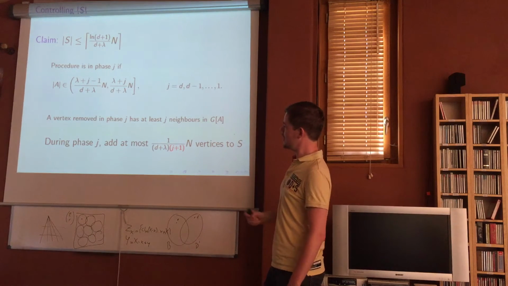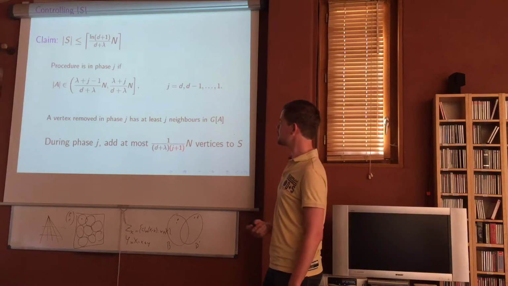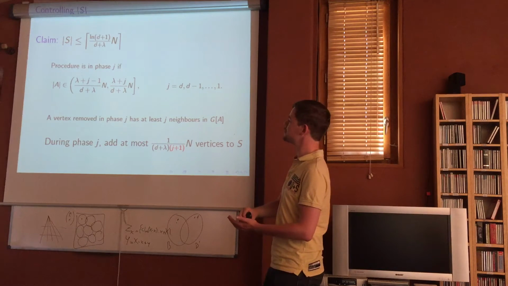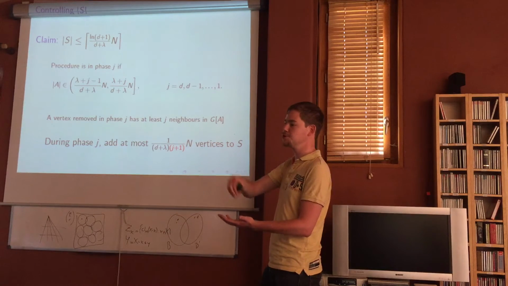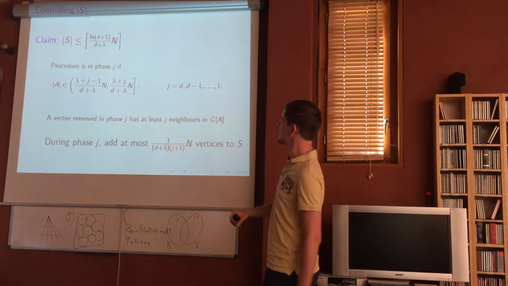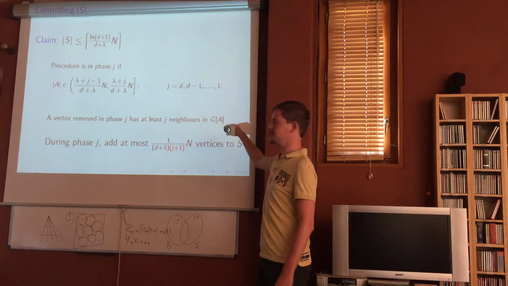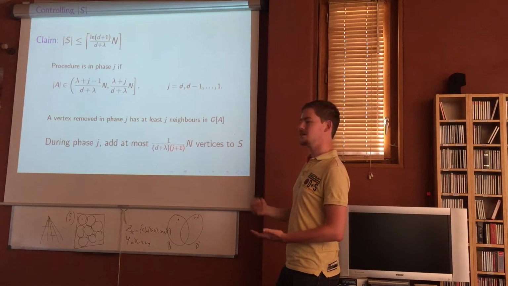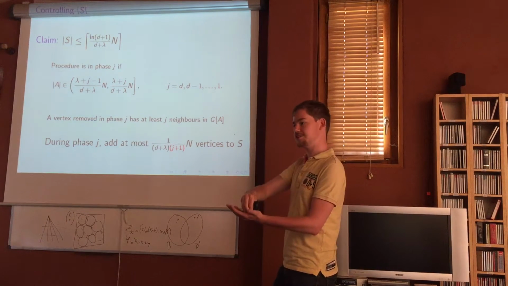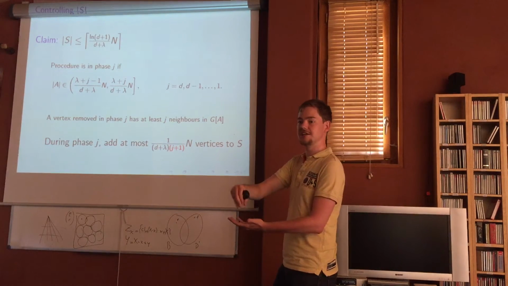And the corollary on the previous slide says that if you remove a vertex in phase j, by remove I mean you take it from A, you put it into S, and you kill its neighbors, then this kills at least j neighbors in this induced subgraph, so that A becomes j plus one smaller.